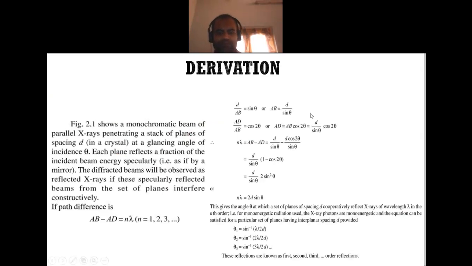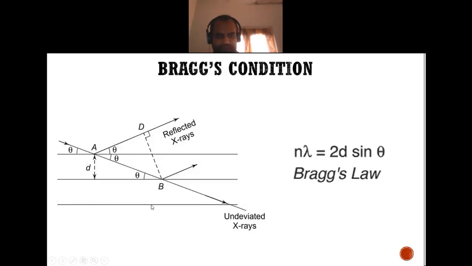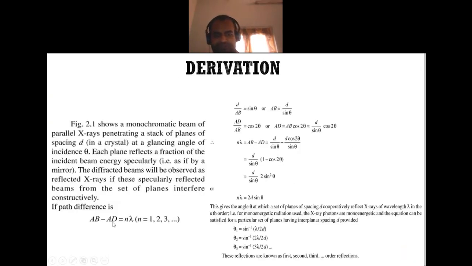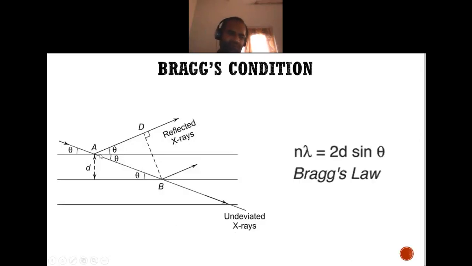So AB we have calculated. So now we have to calculate AD, because it is AB minus AD. So how can we calculate AD? AD can be calculated from this triangle ADB.